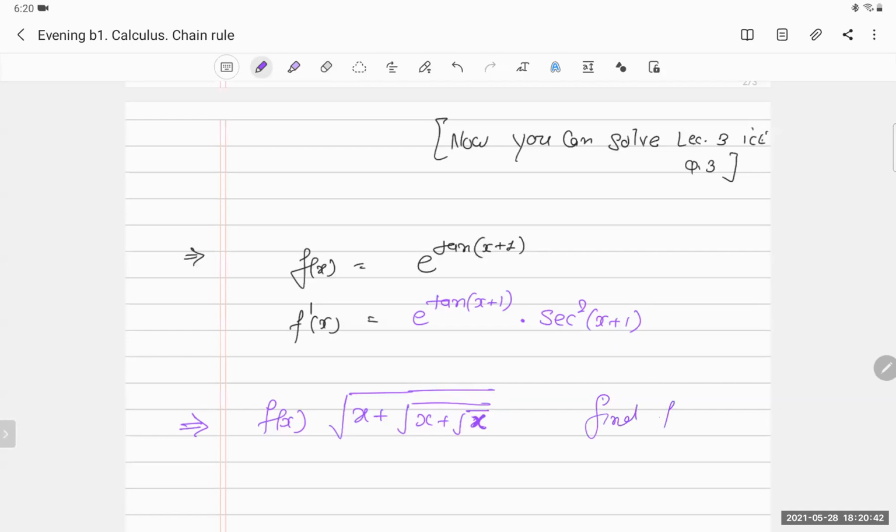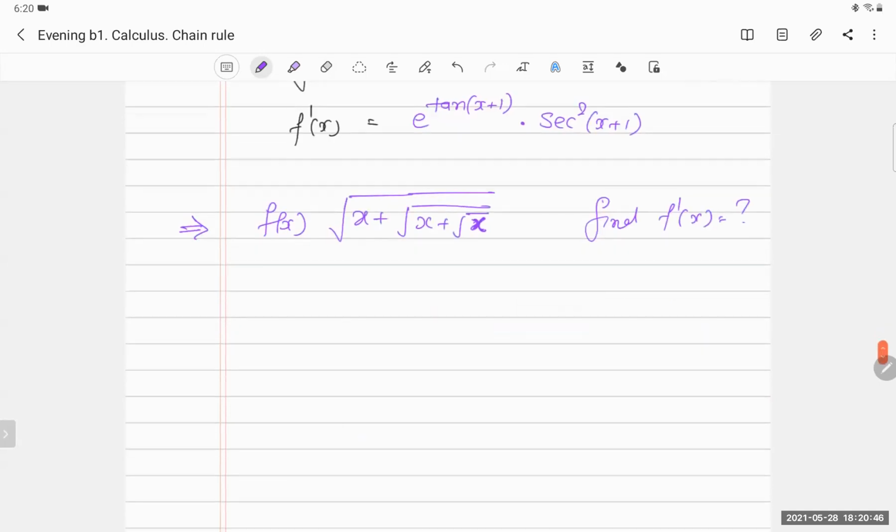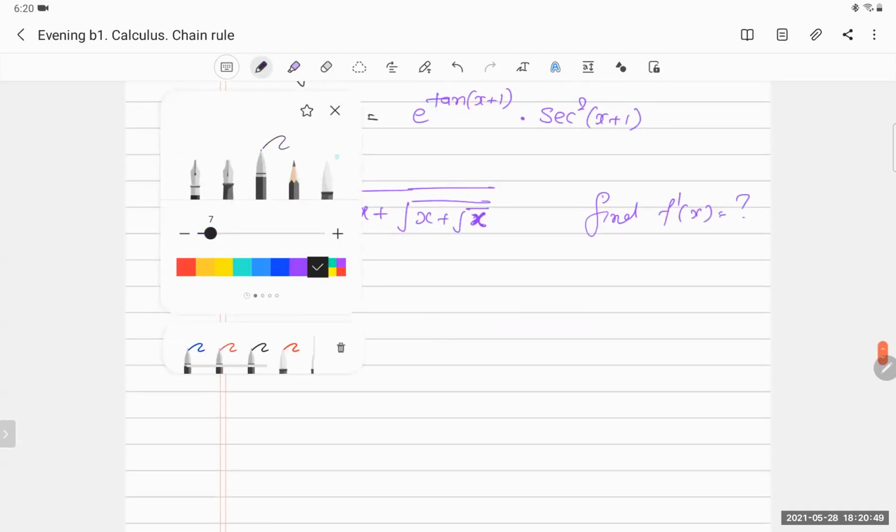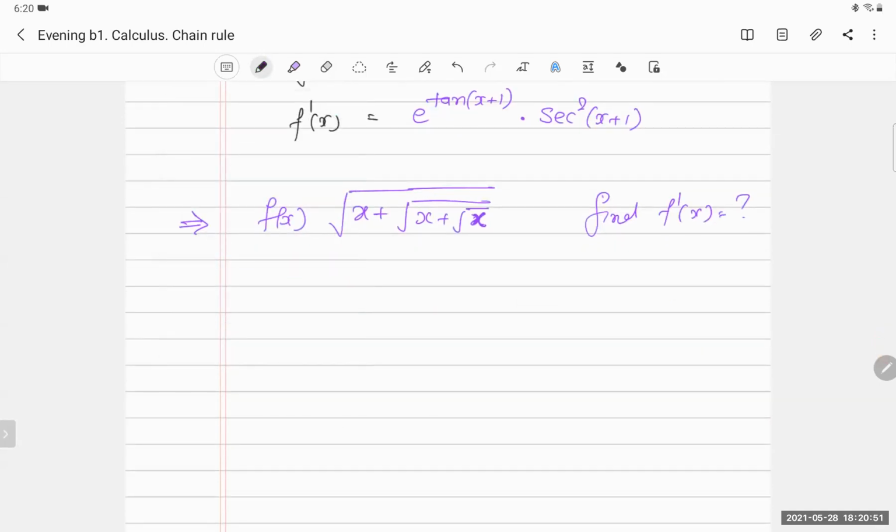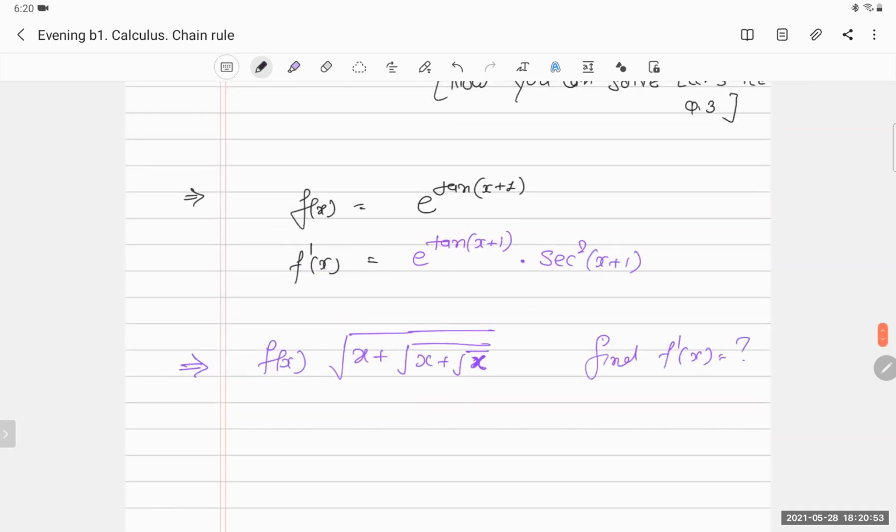Find f dash x. Solve it. Sir, I'm not understanding one thing. Why are you putting that dot between the two terms, sir? You can just write sec square x plus 1, right? The dot is just so that these terms are separate.